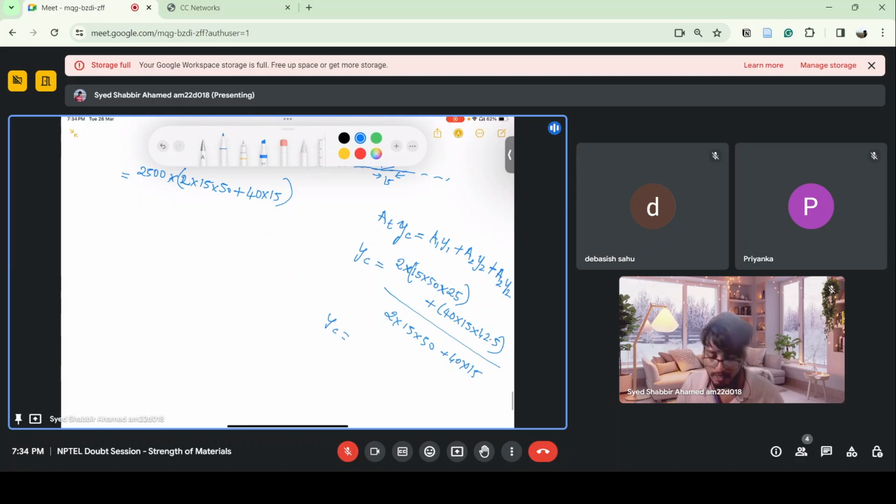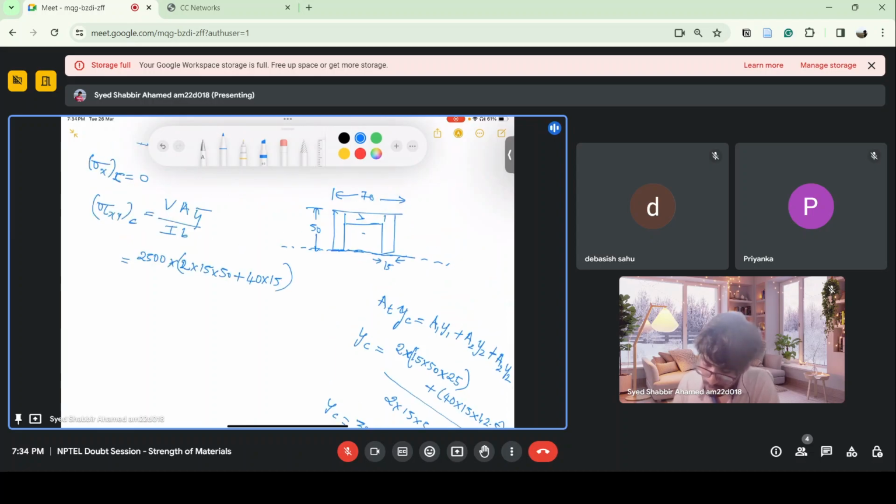So this YC I'll get 40 into 15 into 42.5 plus, 40 into 50. So I'll get this 30 mm.